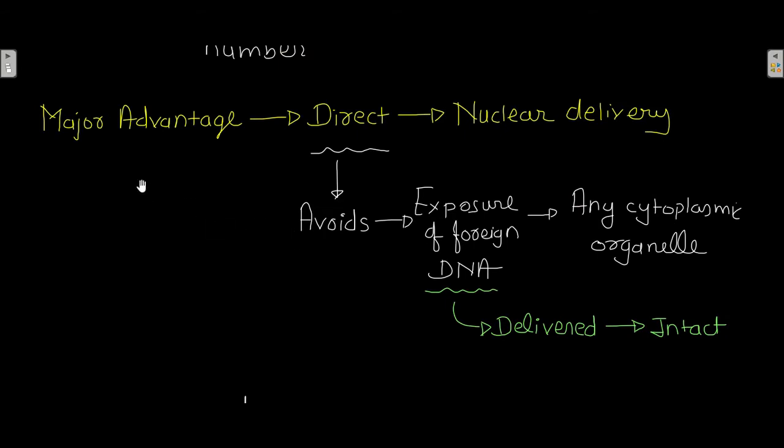Now, the major advantage of this microinjection process is that there is direct nuclear delivery of your target DNA. This avoids the exposure of the target DNA to any cytoplasmic organelle, and thus the foreign DNA is delivered intact.